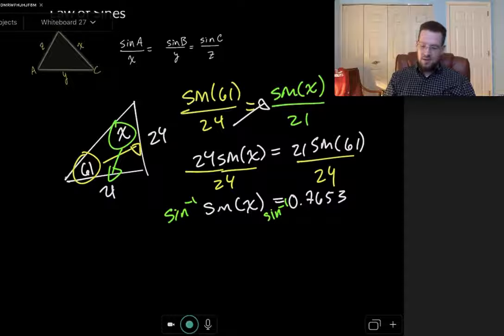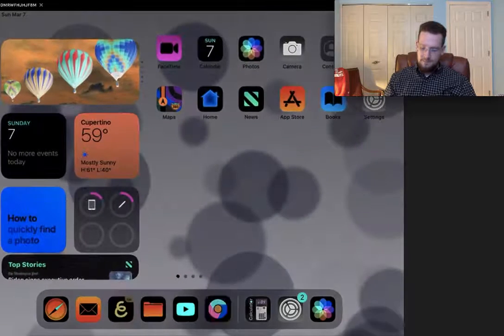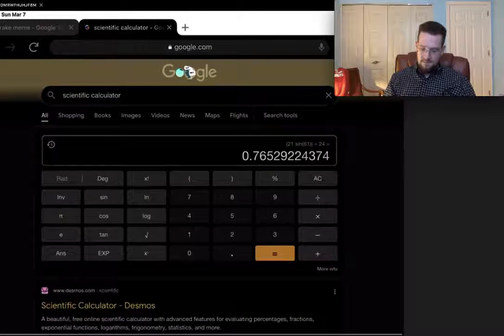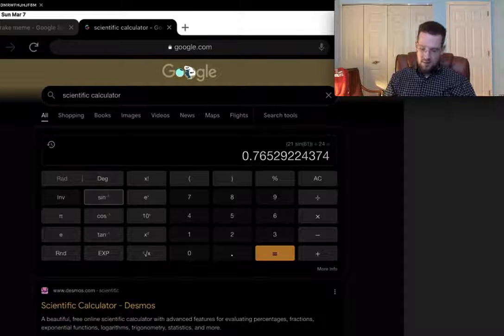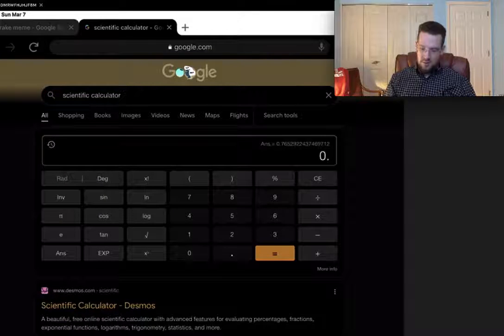So this is going to be the inverse of 0.7653. I'm going to do sine inverse of 0.7653.